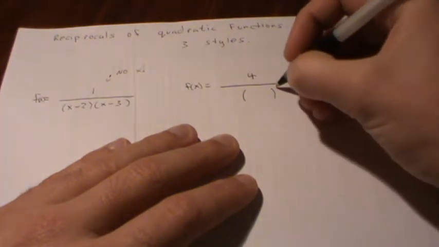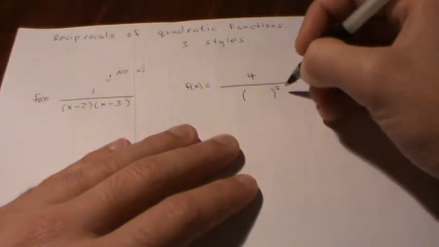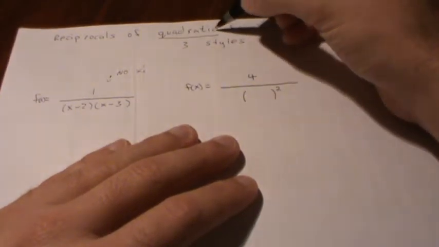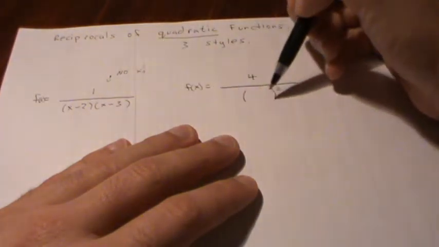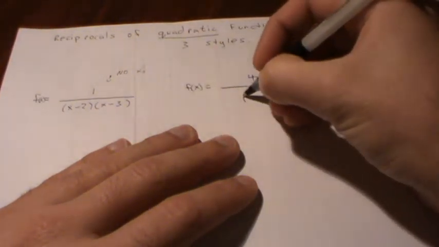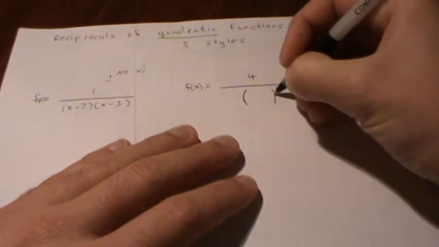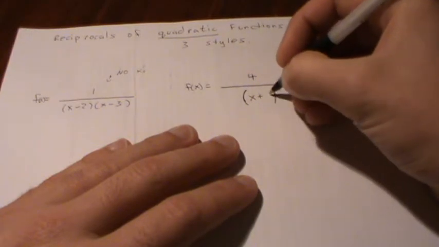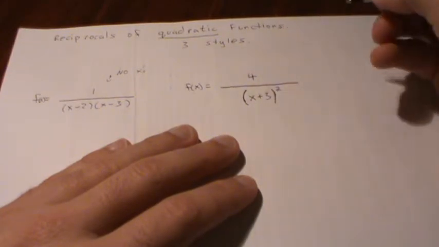Well, this is going to have one factor in the bottom, but it's actually going to be squared. It has to be squared because remember we are talking about quadratics, and so we must have a second degree in the bottom. And so the idea is, let's say that I've got x plus 3.